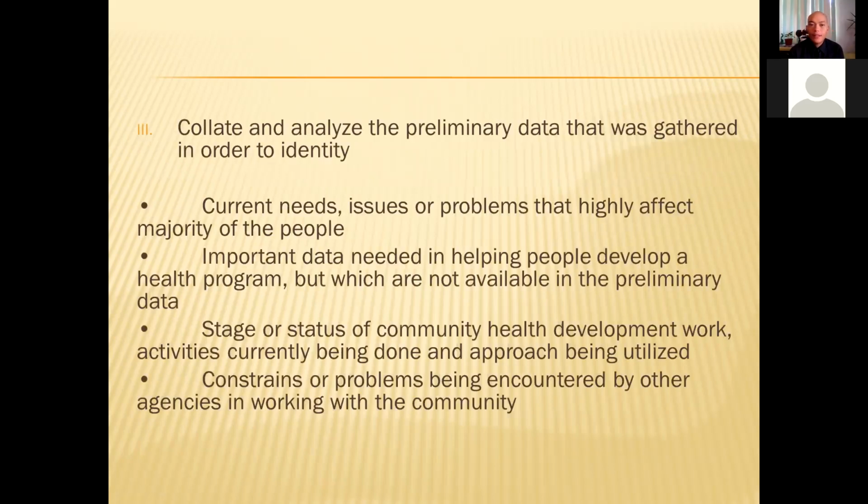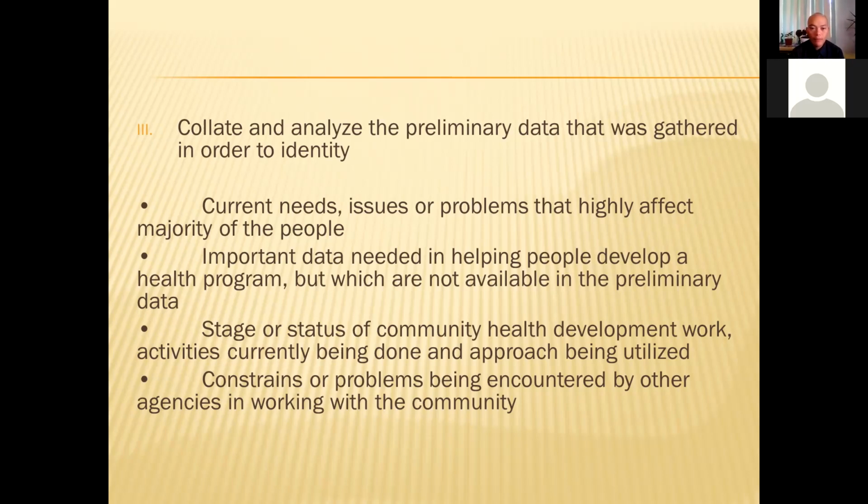Okay, the third step is to collate and analyze the preliminary data that was gathered in order to identify the following. Once we are able to gather existing data and interview their leaders, we collate, collect, and sort the data and identify: current needs, issues, or problems that highly affect the majority of the people.